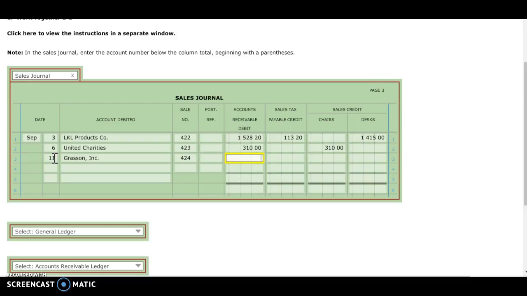So we are selling desks for $2,400. So we're going to go to our sales credit desk column, 2,400. We do need to figure out their sales tax. So 2,400 times 8% is $192 in sales tax. Add those 2 together to figure out what our accounts receivable is. So $2,592.